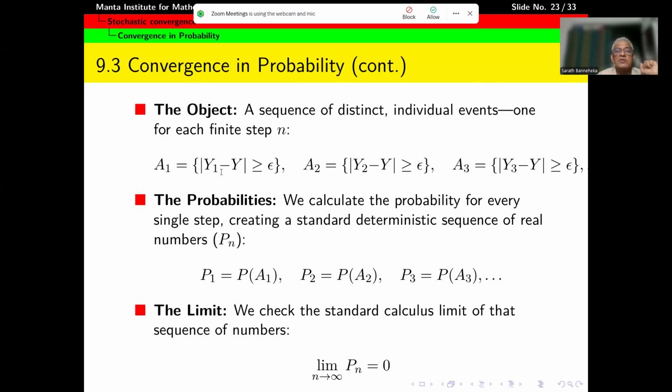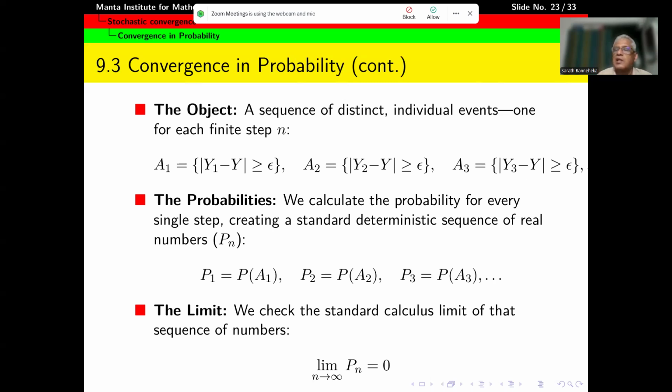So let us consider these sets. So they are events. So we can talk about the probability of those. Say, let's say P1 is the probability of this set, probability of this set is P2, and so on. So you have a sequence of real numbers, right? Now let us consider the limit of this sequence of real numbers.